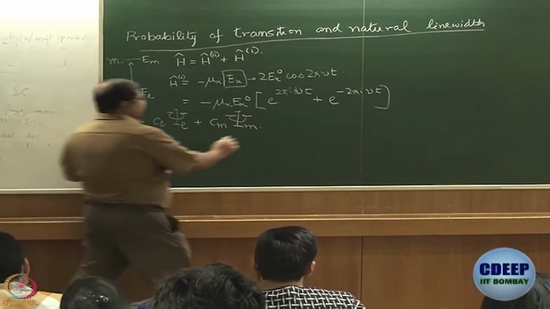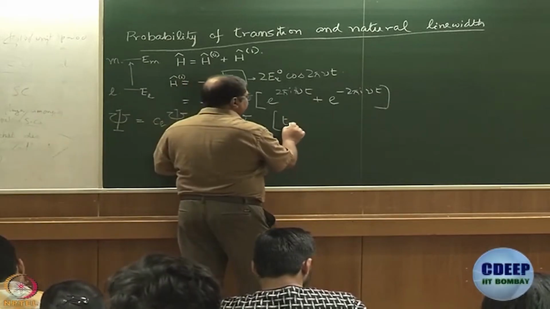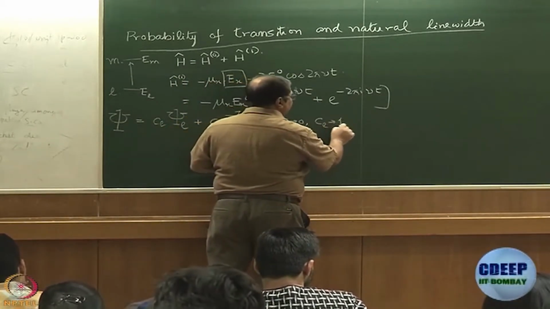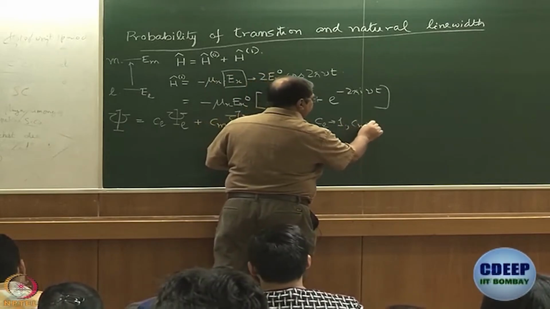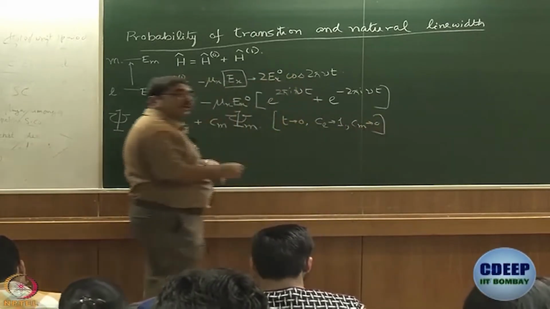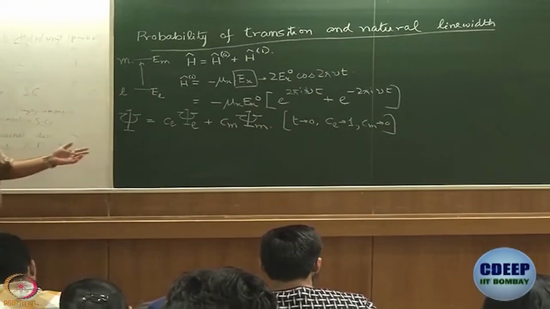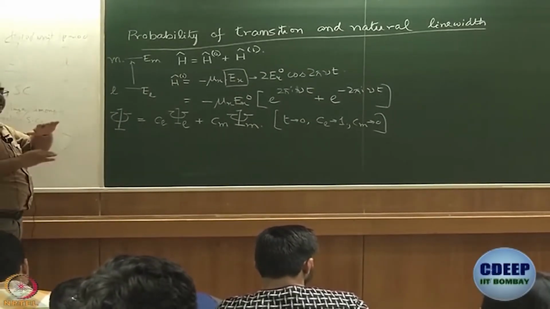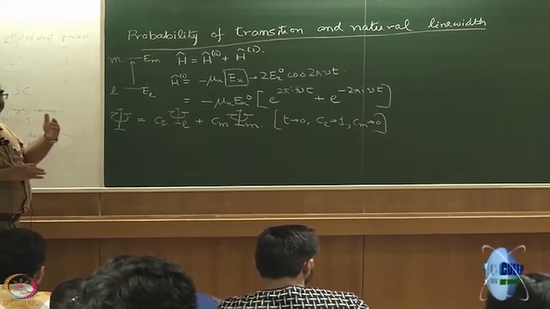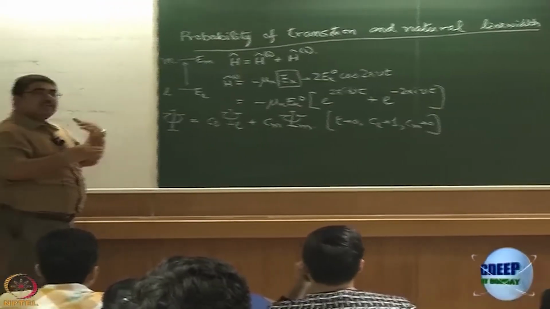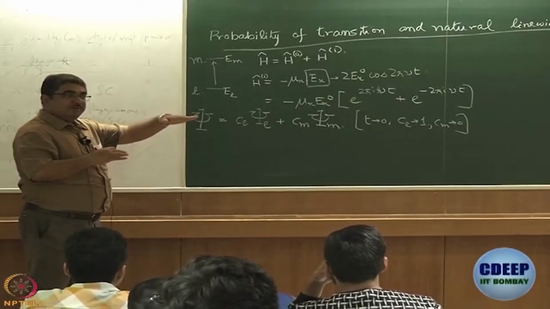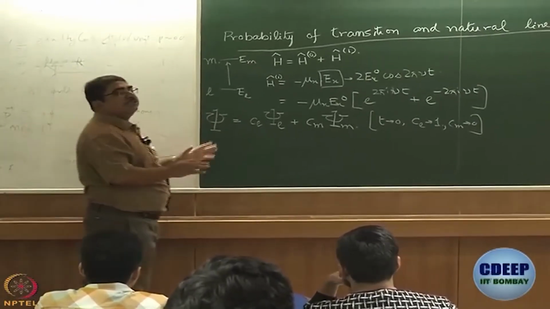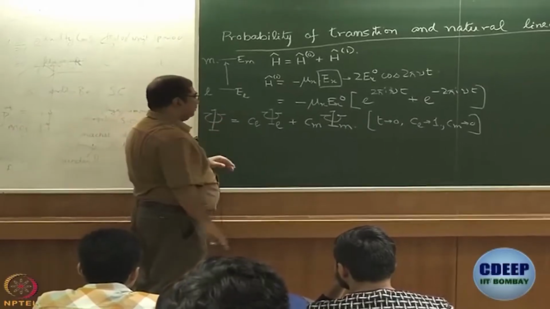At initial times, we said Cl tends to 1, Cm tends to 0. Of course, they are not exactly equal to 1 or exactly equal to 0 at any time after 0 time. Zero time is the time when we switch the perturbation on. And since the question was asked once, the perturbation remains on. It's not as if the perturbation goes off. If the perturbation goes off, then you have what is called relaxation. That's a different ball game altogether.